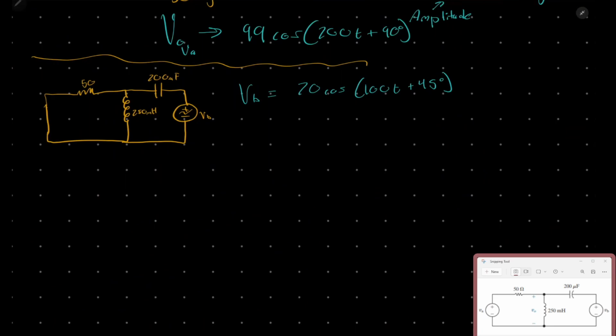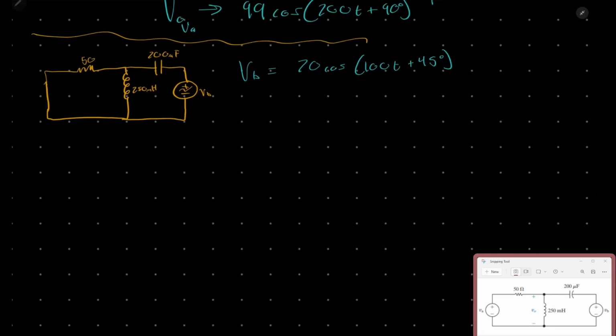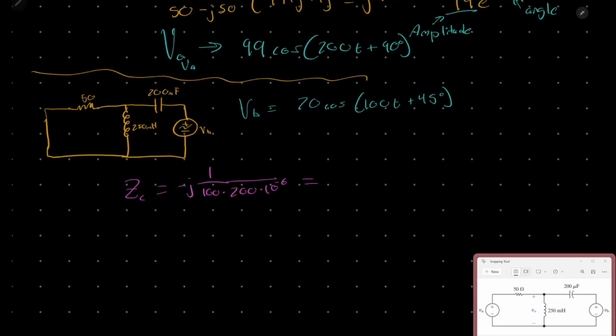So to start, we will calculate the impedance for each of our devices. So for the capacitor, it's going to be negative j times 1 over 100 times 200 times 10 to the power of negative 6. And if we plug that into our calculator, we get negative 50j.